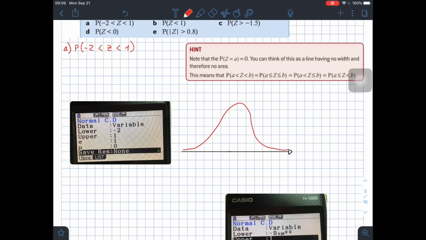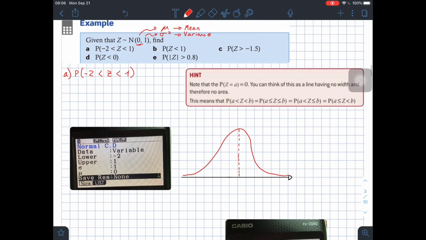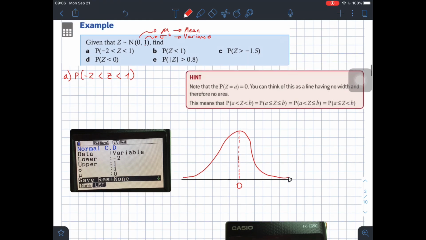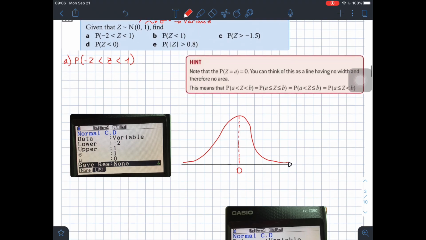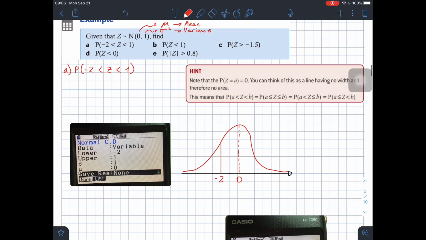It always has this shape, right? And the value in the middle, the mean value in this case is 0, right? So this is 0, and we have a standard deviation of 1. And if I want to find the values in between -2 and 1, I know that -2 is to the left of this value of the mean, right? This is only a sketch, so I'm going to put it anywhere. -2 and 1 is to the right, so maybe somewhere around here we would have 1.